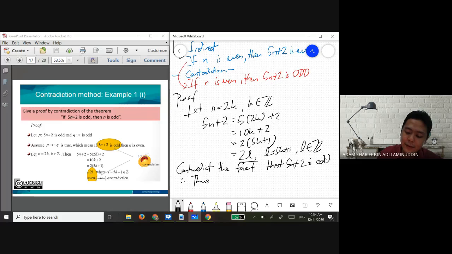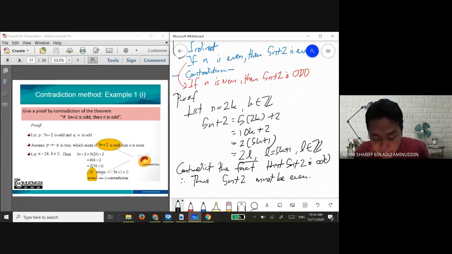Thus, 5n plus 2 must be even. Okay, for this case, the proof is complete.